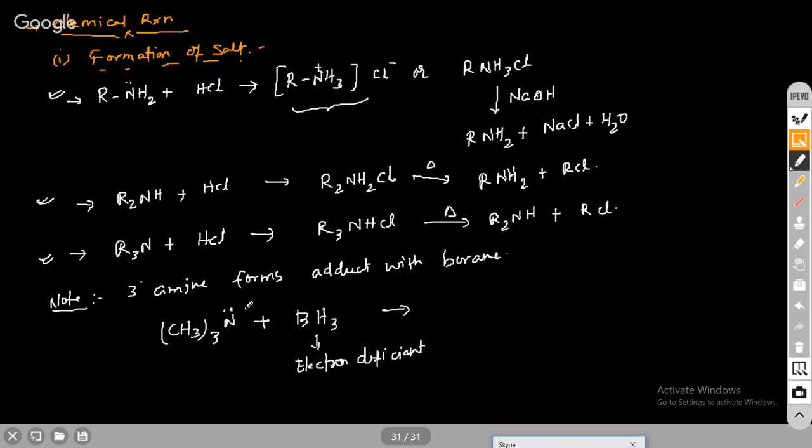And this lone pair of nitrogen can donate to the vacant p orbital of boron, because this boron has one vacant p orbital. So this forms what we say is dative bonding, and this we call adduct, A-D-D-U-C-T. This is the reaction with borane, you must remember.